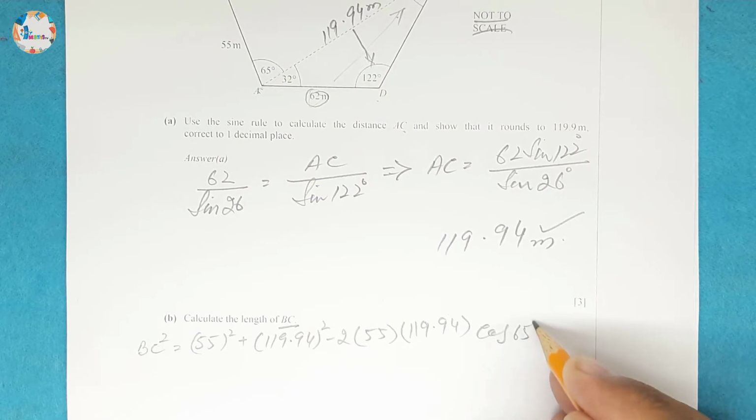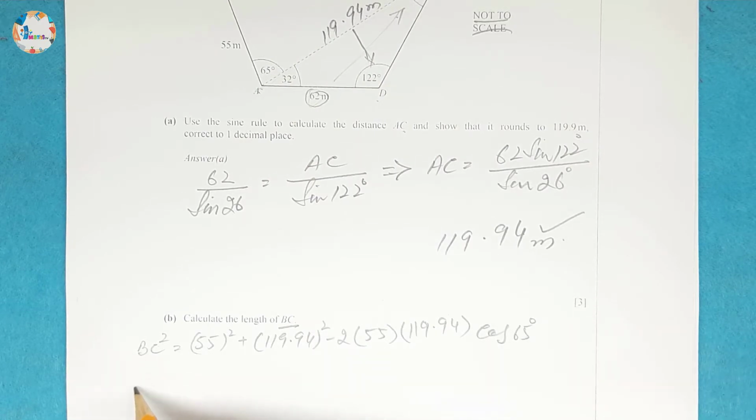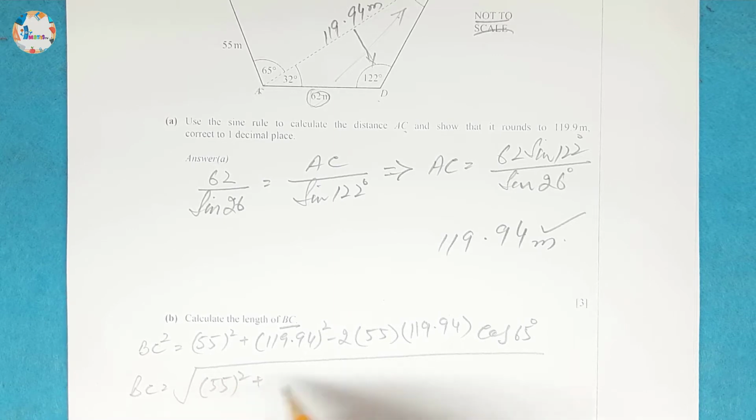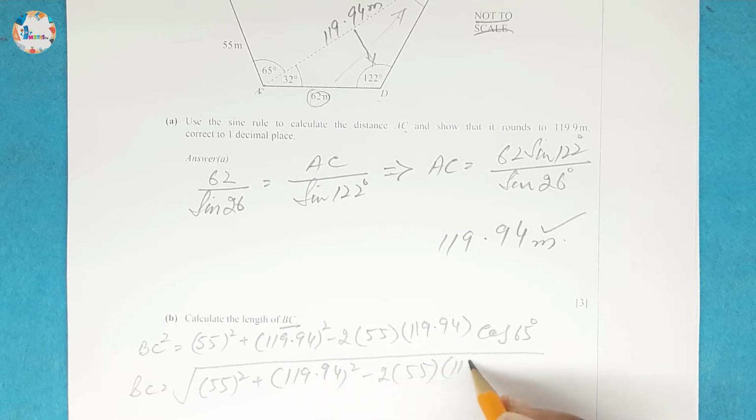So we can write here 65 degrees. Now BC will be equal to the square root of this value. So 55 squared plus 119.94 squared minus 2 into 55 into 119.94 cos of 65 degrees.